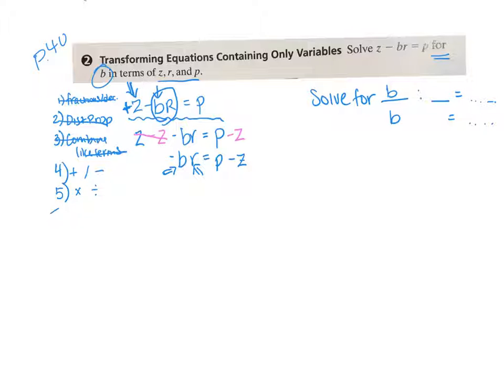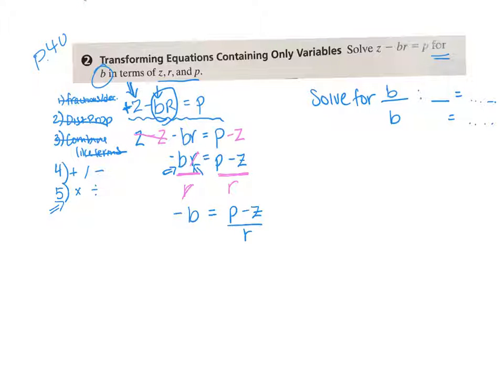That's the 5th step, the next to last thing I do. So now I can divide the product of B and R by R. What I do to one side of my equation, I've got to do to the other. So my R's cross out, and I'm left with negative B equals P minus Z over R.